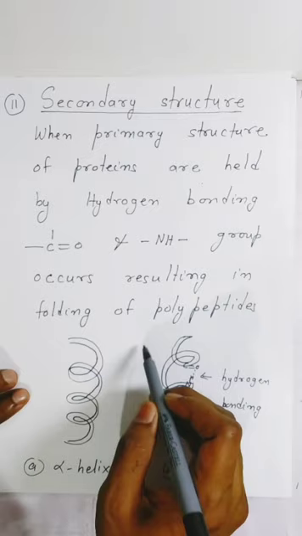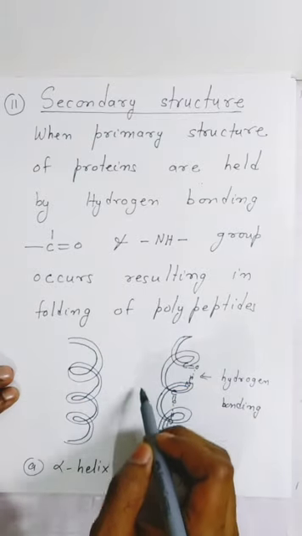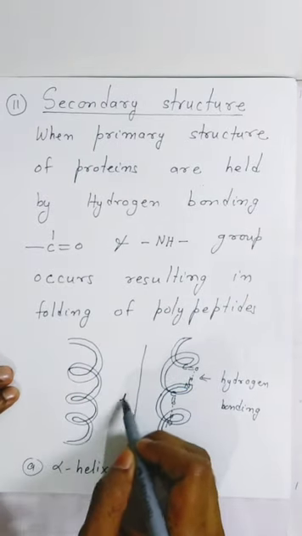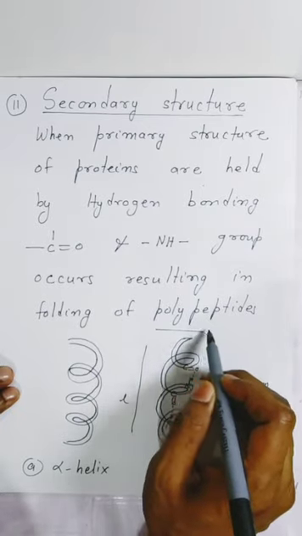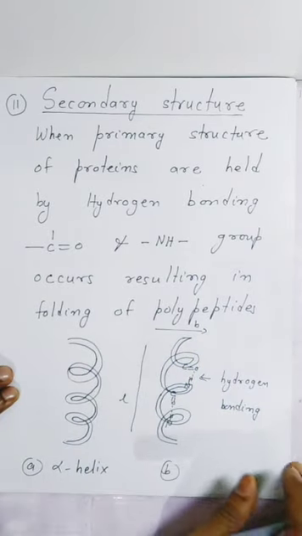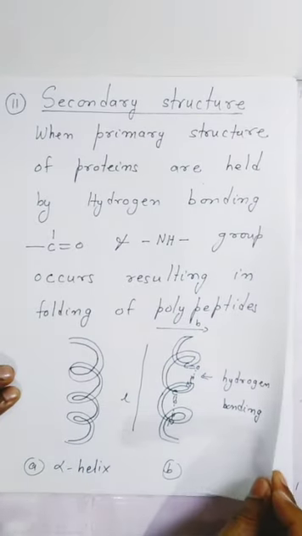Now students, it has length as well as breadth. This is the length and this side is forming the breadth. So it has two dimensions, length and breadth. That is why it is called secondary structure.